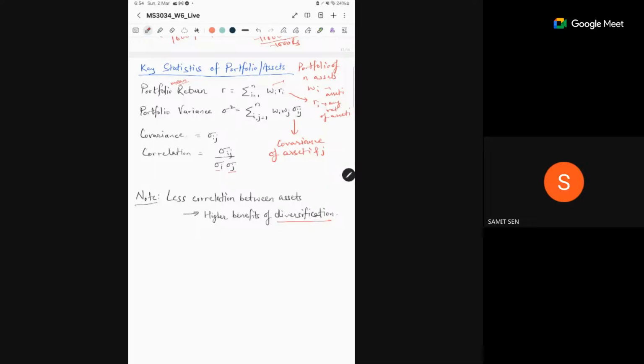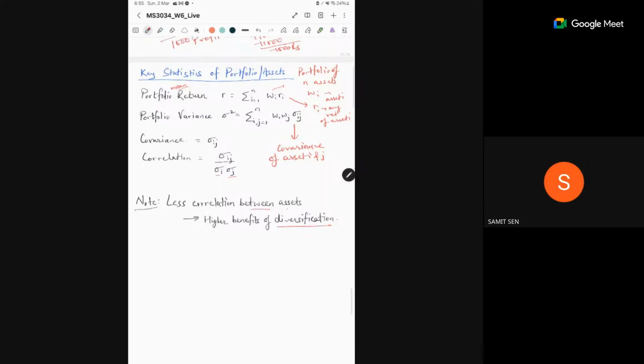Risk means your variation would be less. The lectures discussed extensively how this diversification works. It works better when there is less correlation between the assets. If correlation is high, there would be less benefit from diversification.